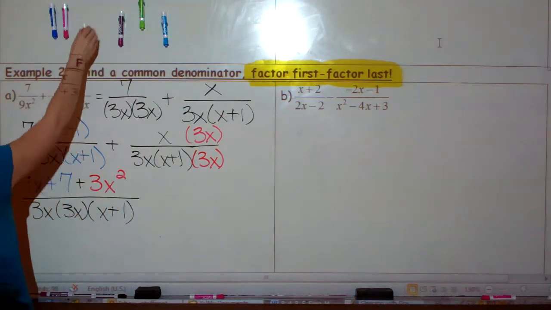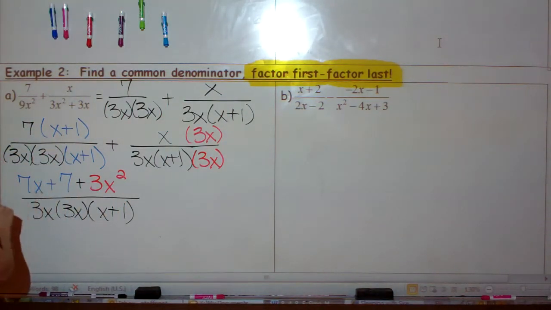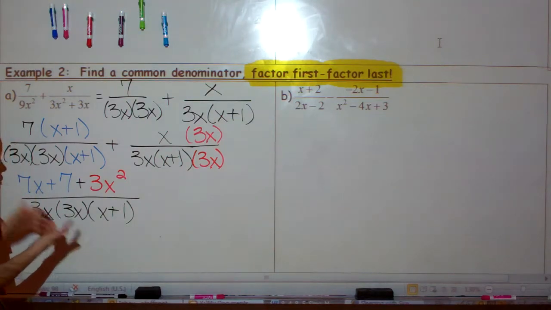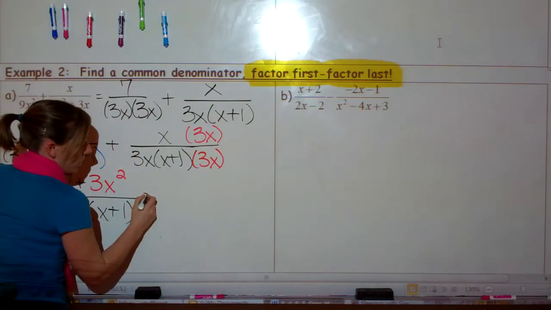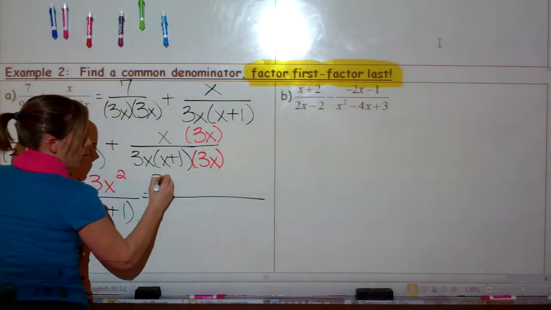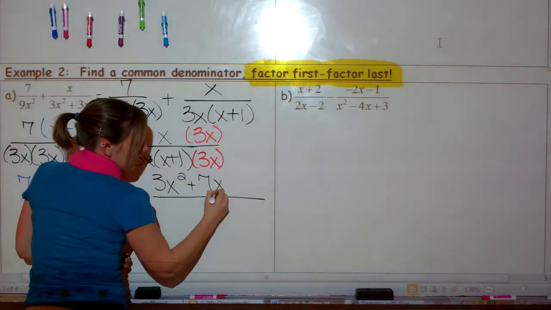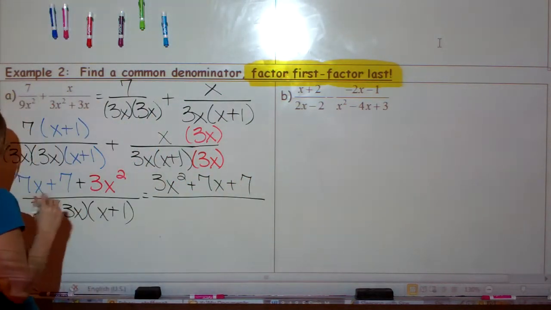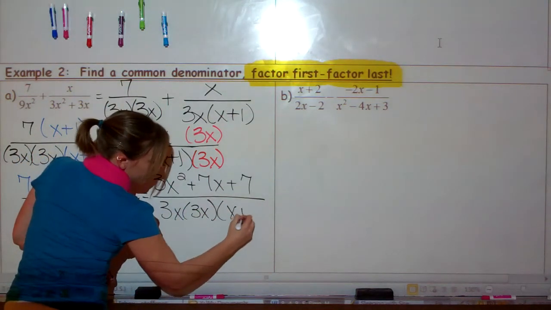So now we would combine any like terms. In this case, there are no like terms. Here's our x squared, here's our x, there's our 7. But what we should do is rewrite it in descending order. So let's put our 3x squared first, our 7x second, and our 7 last. The denominator is 3x times 3x times x plus 1.